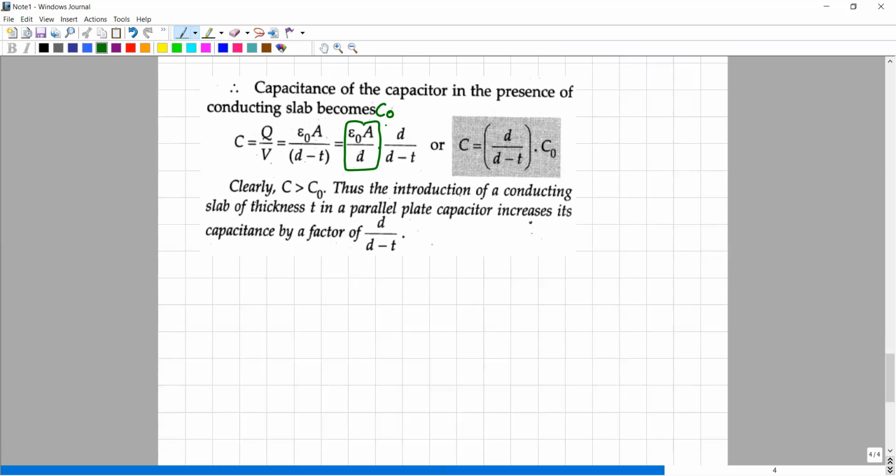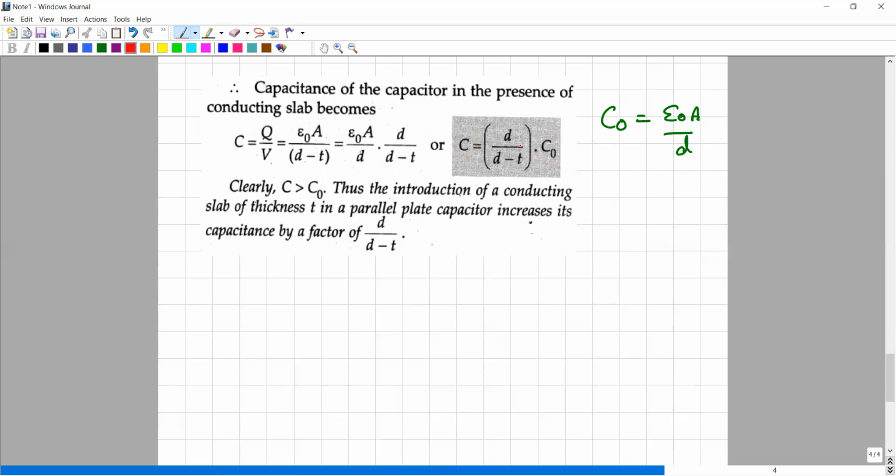Original capacitance means when vacuum was filled between the plates, when no conducting slab was between the plates, the capacitance was epsilon naught A by D. That means my capacitance after inserting the conductor, C, is equal to D over D minus T times the capacitance with vacuum between the plates.